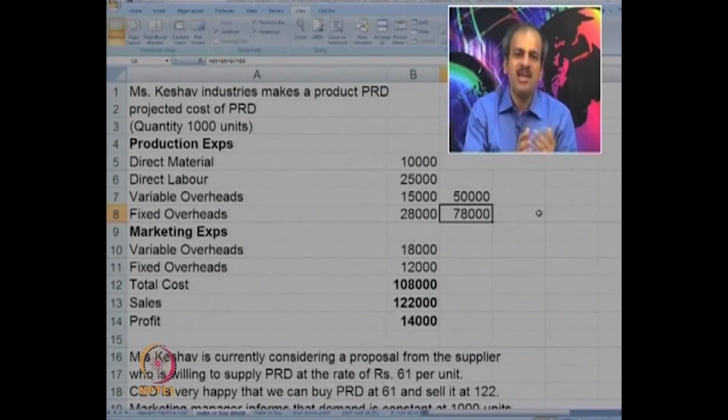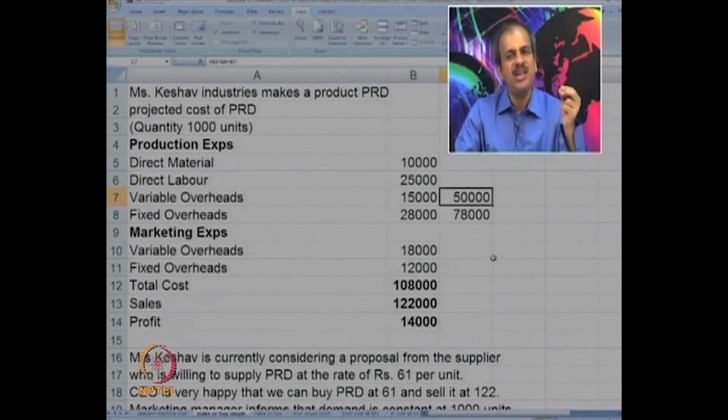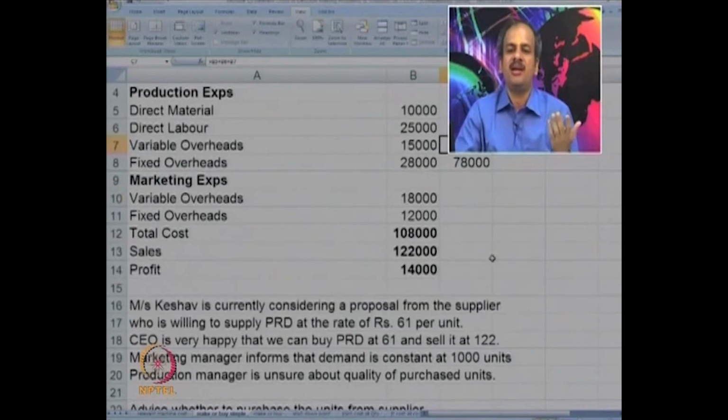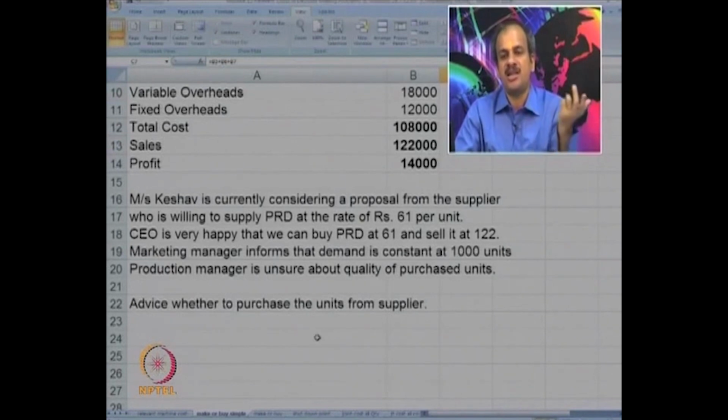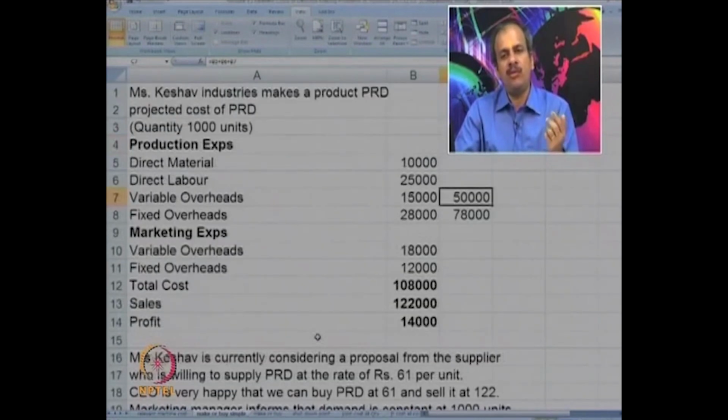But what we should remember is that fixed overheads, which are 28, are going to remain fixed anyway, they will not change. So what is relevant is only the variable cost of 50 per unit. The outside supplier gives it to us at 61. So on cost considerations, it is better to make rather than to buy. Plus there are quality issues, because the production manager is unsure about quality, but even on cost considerations, it's not good to buy. So is it clear to you now that we should go for making rather than buying?